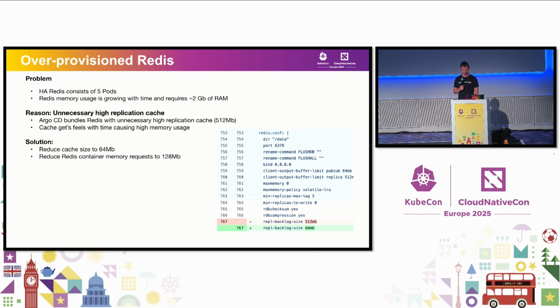There is a default setting in Redis called replication backlog size, which is set to half a gigabyte, so 500 megabytes. It makes sense, I guess, for lots of applications. That's why it's a default. But Argo CD uses Redis as a throwaway cache, and we could not think of a single scenario where inconsistent replication might affect anything.